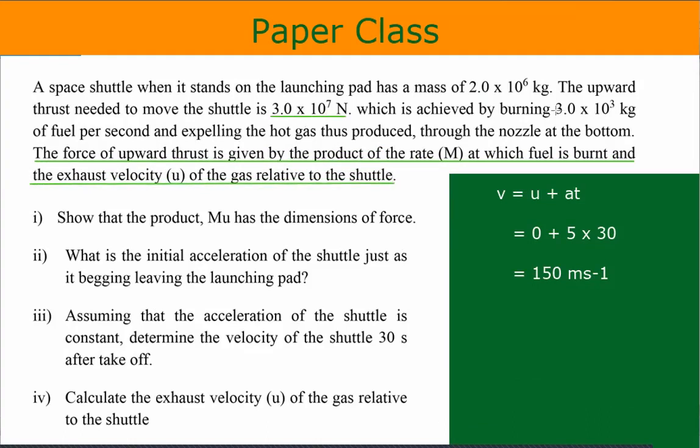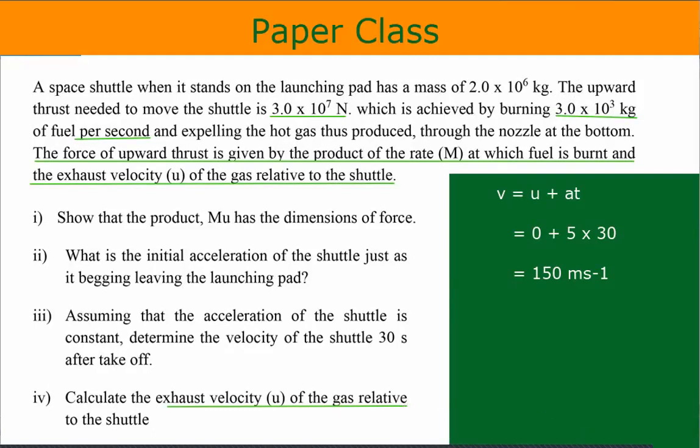They have given the mass of fuel burned per second, that is, the rate at which the fuel is burnt. They have given the value of capital M and the force. They have asked us to find the velocity of the exhaust gas relative to the shuttle.